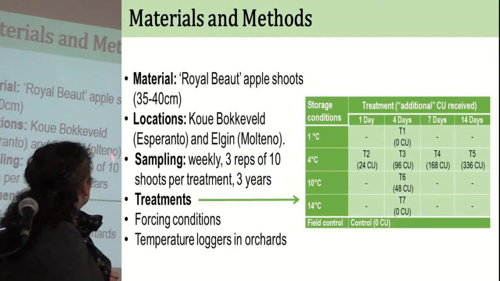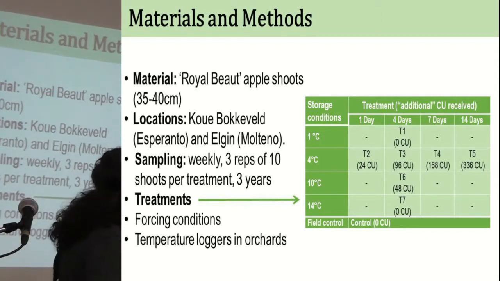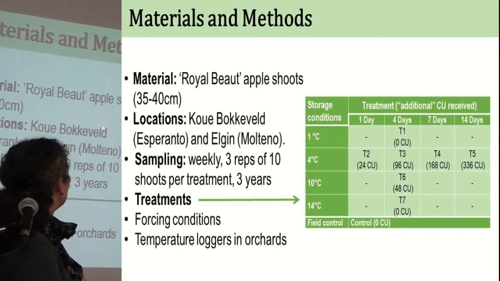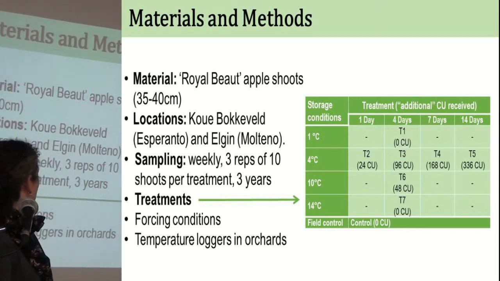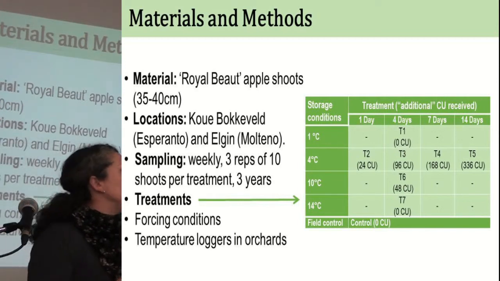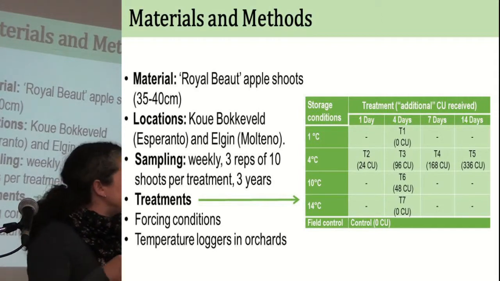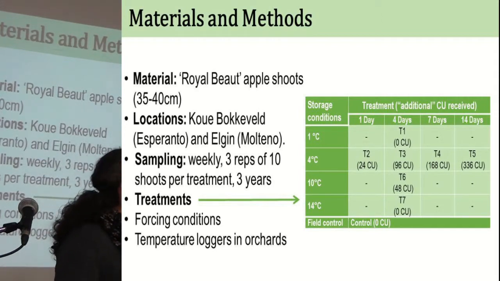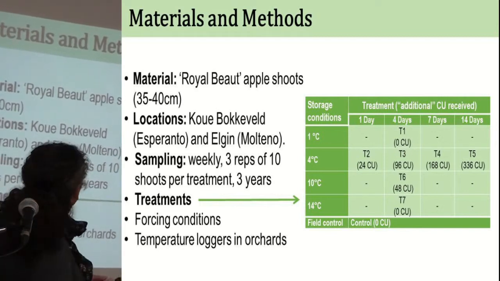We collected Royal Butte shoots from two climatically contrasting areas. Koue Bokkeveld is a cold area, Elgin is your warmer area, and we sampled these every week throughout the winter period. So we would go out, cut shoots, bring them to the lab. Before we force them and look at their dormancy level, we would actually give them additional cold.